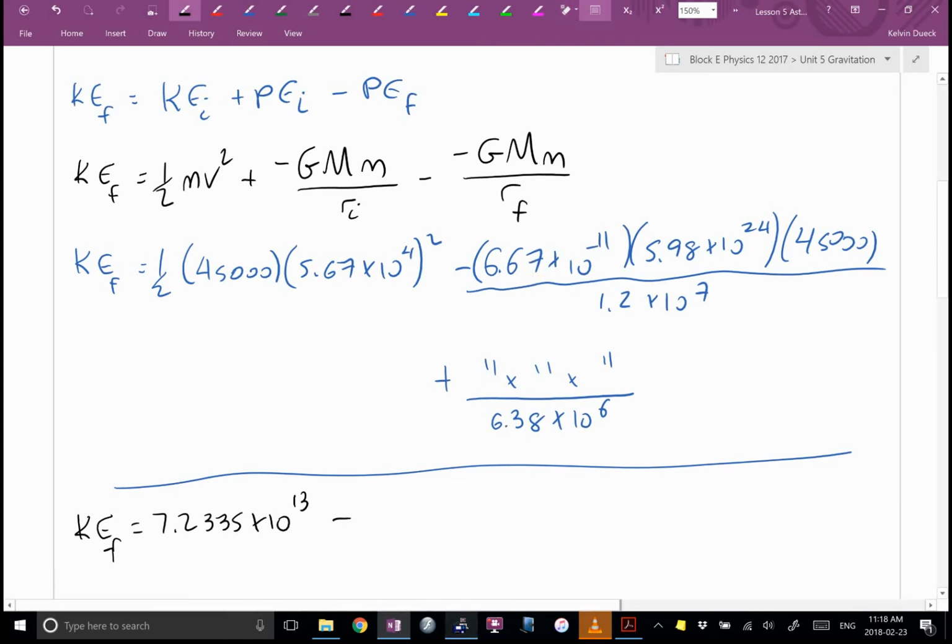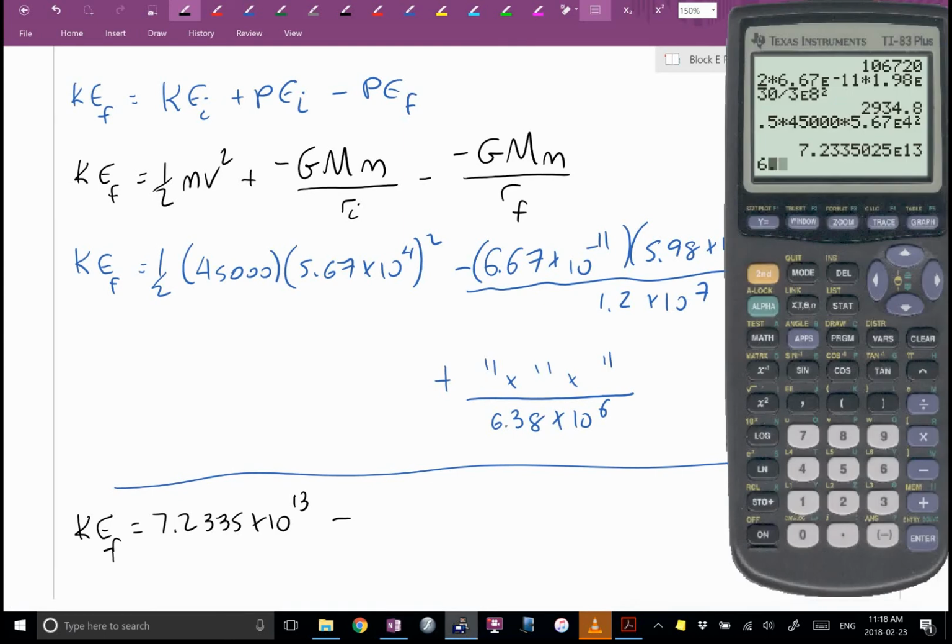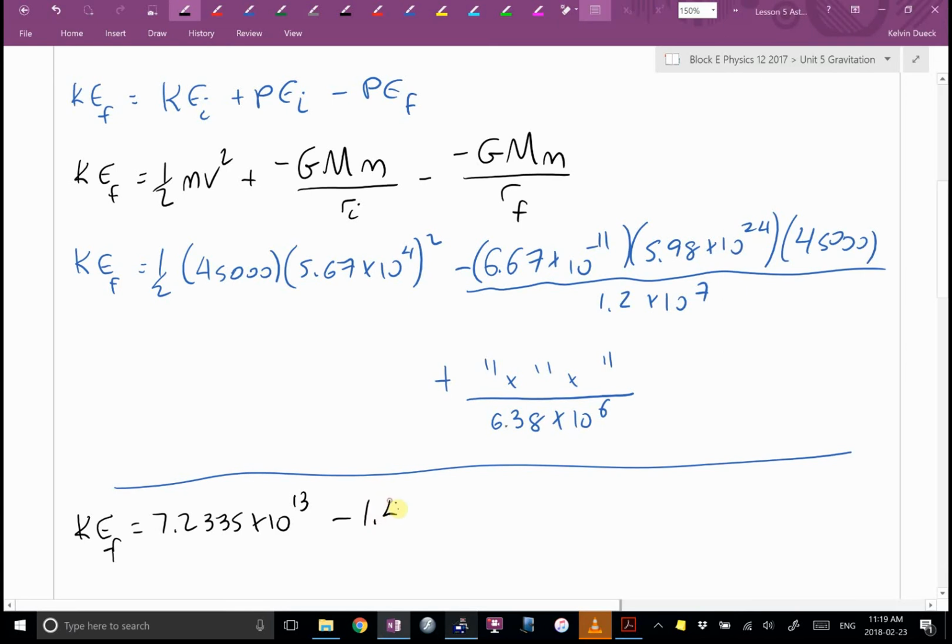I've got the minus there, so I'm going to type it as a positive into my calculator. 6.67 times 10 to the negative 11 times 5.98 times 10 to the 24th times 45,000 divided by 1.2 times 10 to the 7th. Do you get 1.4957 times 10 to the 12th?